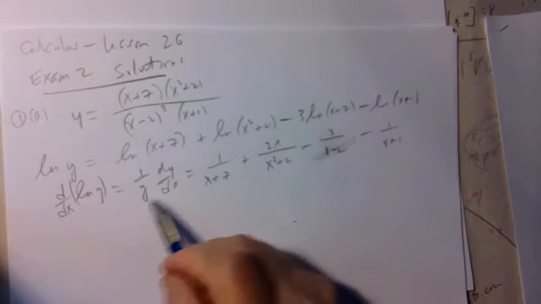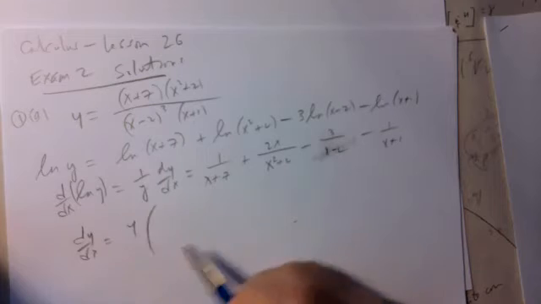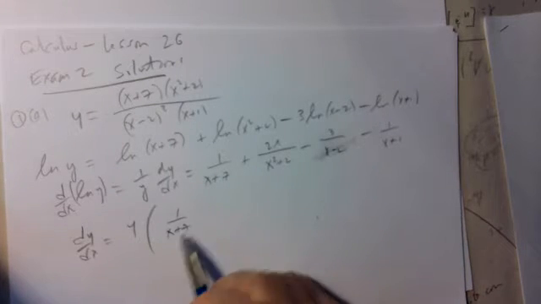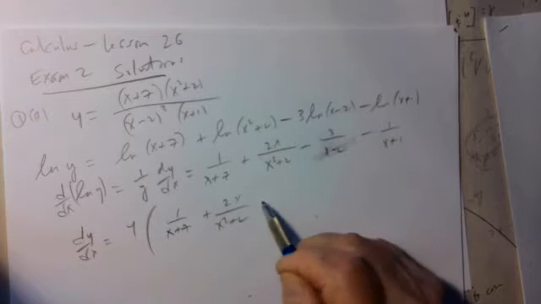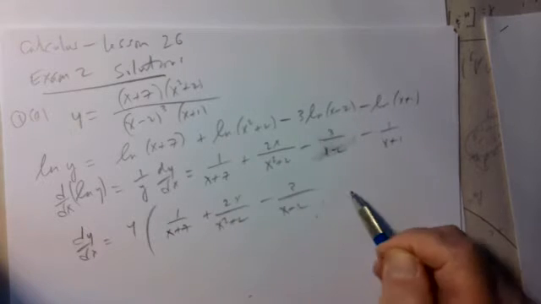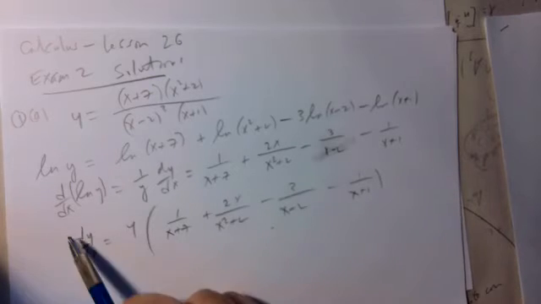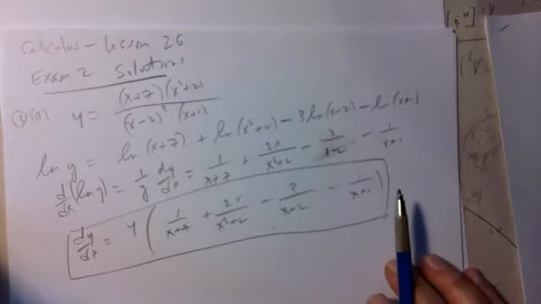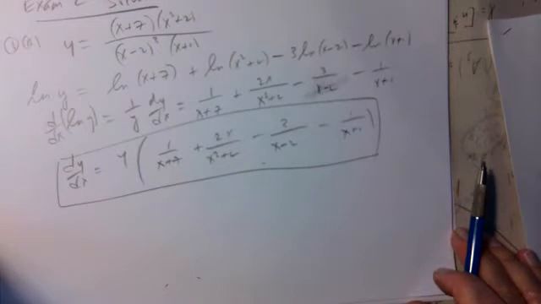So if you multiply through by y, dy/dx is y times this whole expression. That's the answer. Okay. Any questions about that?